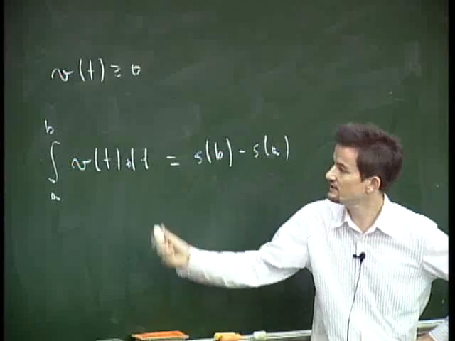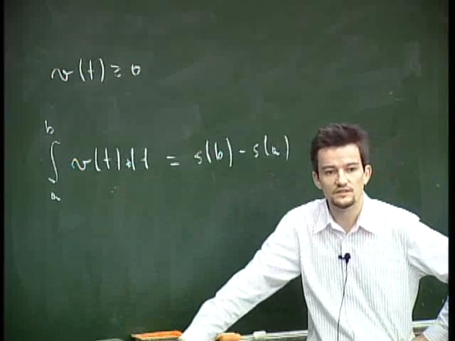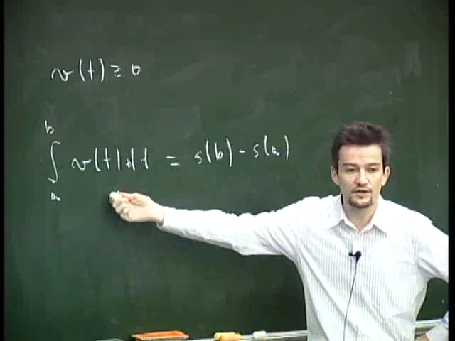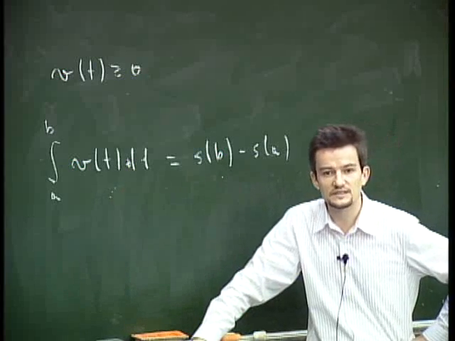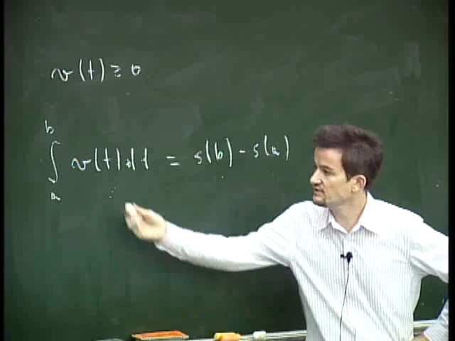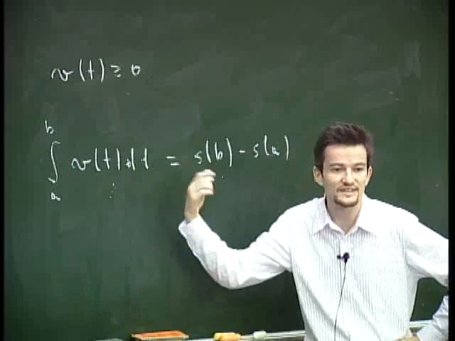It's trivial for them, because you use this way to approximate the distance traveled, and what you should get in the limit is the distance traveled. But in mathematics it's quite different, because this is something we have defined in terms of limits, and we have to prove that they are actually the same.